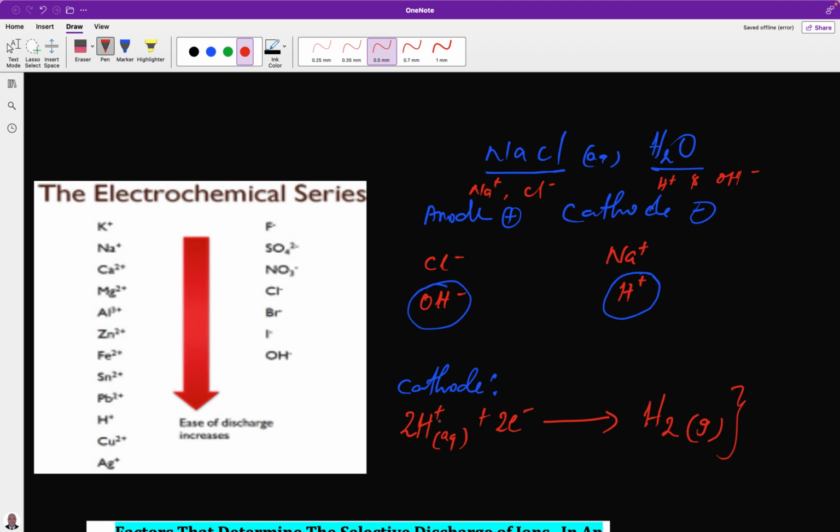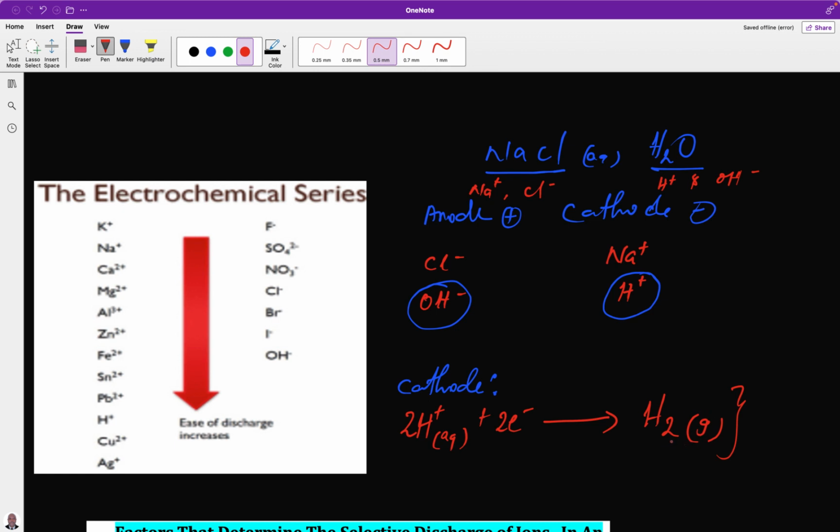Hydrogen ion goes from +1 to 0. Either way, there is reduction taking place here because there is a reduction in the oxidation number from +1 to 0, or because the hydrogen ion gains electrons. So hydrogen is released.